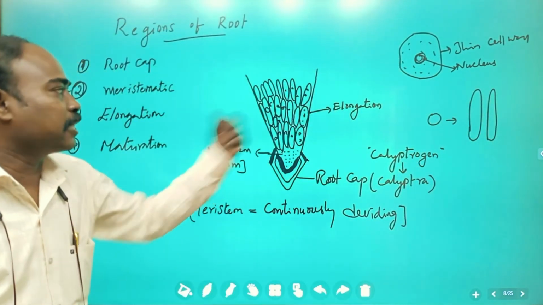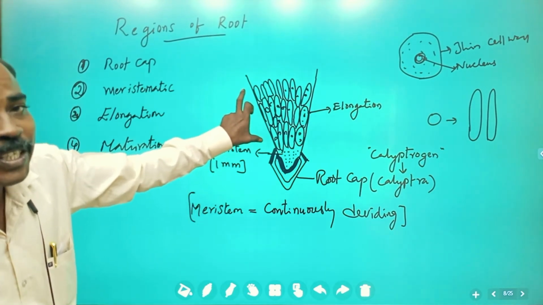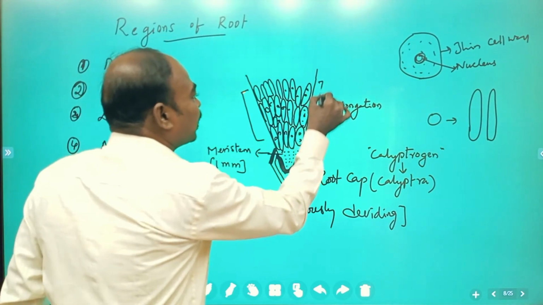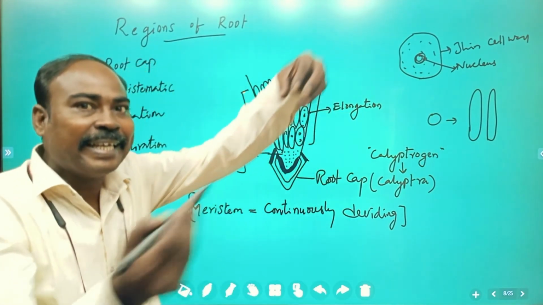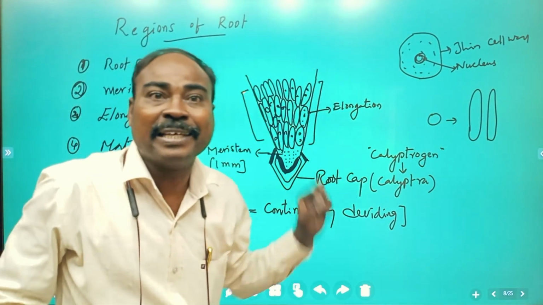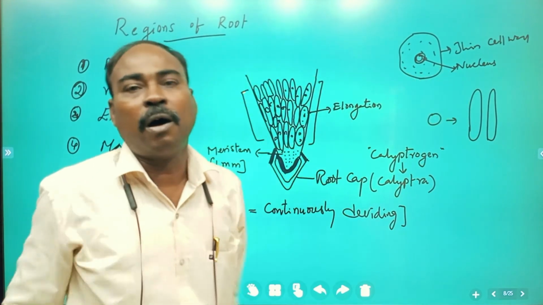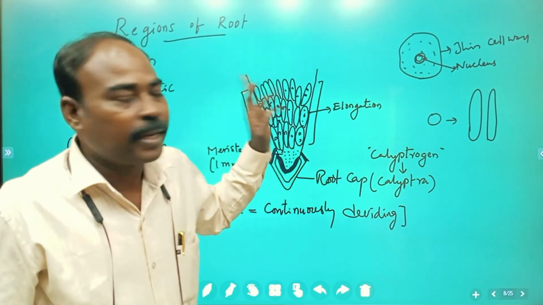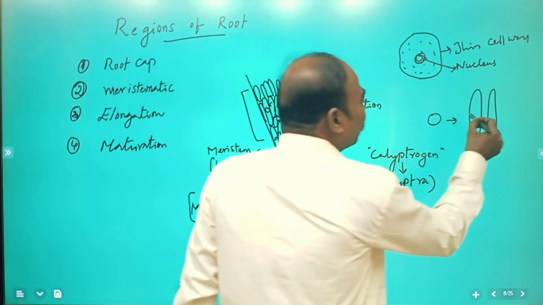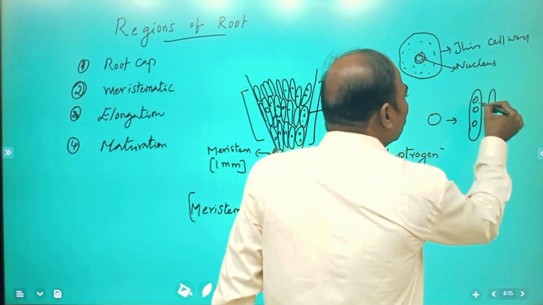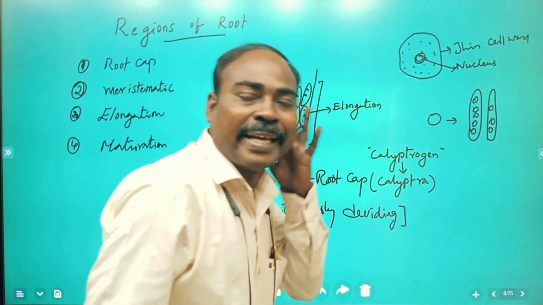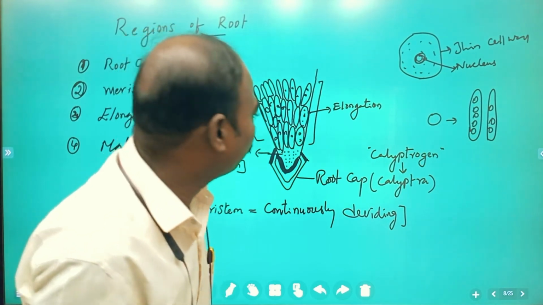Because of the lengthwise growth of the cells found in this zone, the linear growth of the root is carried out by the region of elongation. Here, each and every cell develops vacuoles, empty spaces, and thickening of cell walls also takes place.